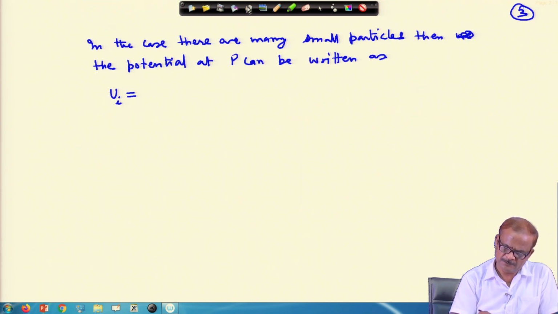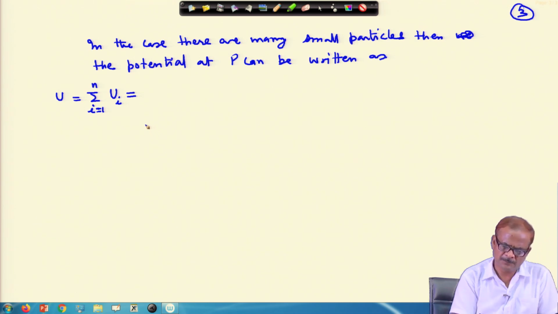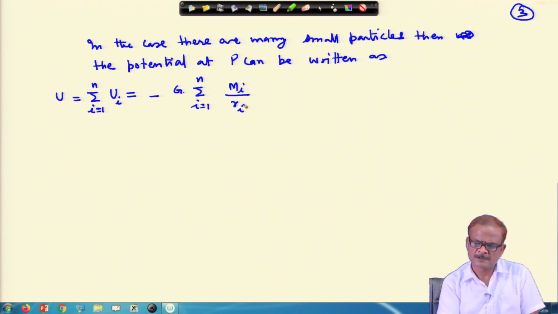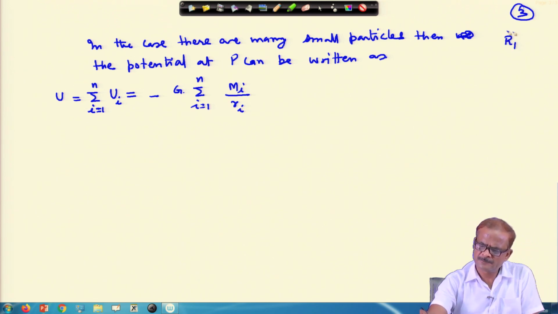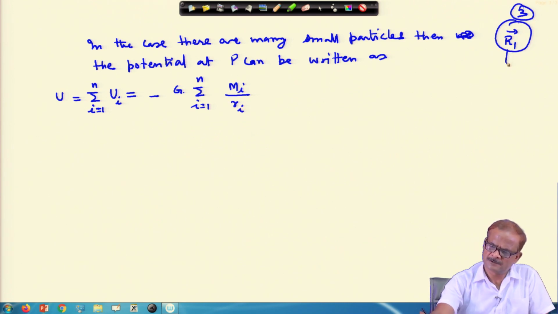So, we will write it as ui, with the summation over i equal to 1 to n, the summation over n number of particles. So, potential due to n number of particles is minus G m_i over r_i. There we have used r1 for this notation. So, for better representation, instead of using capital R, we will use the small r.